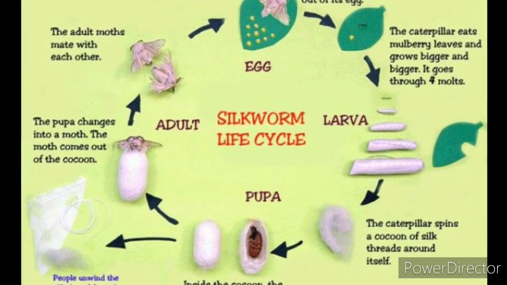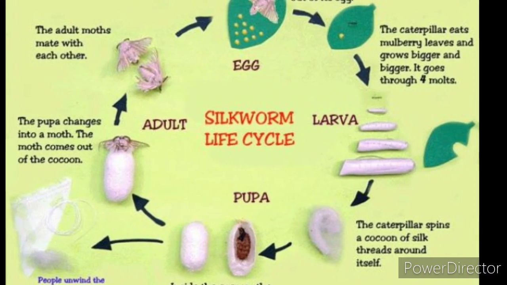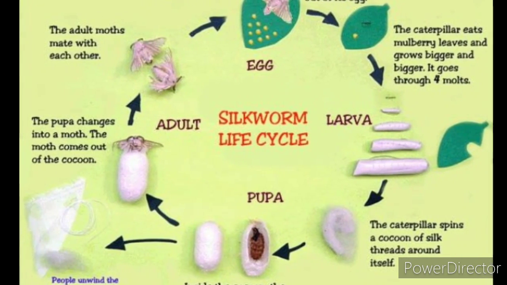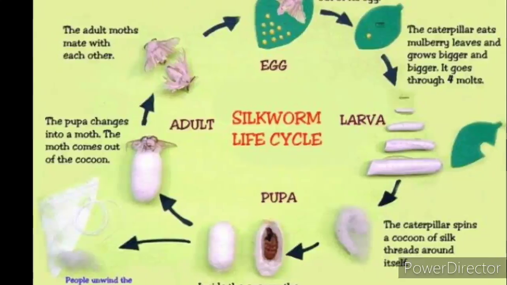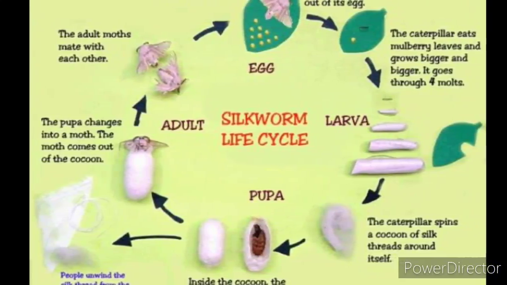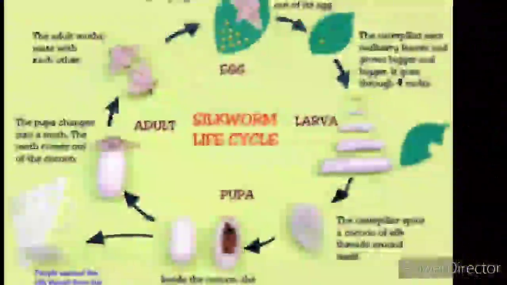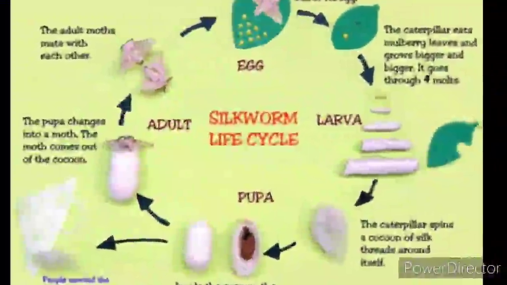So they are known as caterpillars. These caterpillars turn into the pupa stage. They make a cover on their body and stay without eating. This stage is known as the pupa stage.